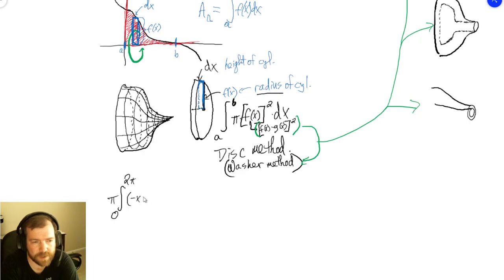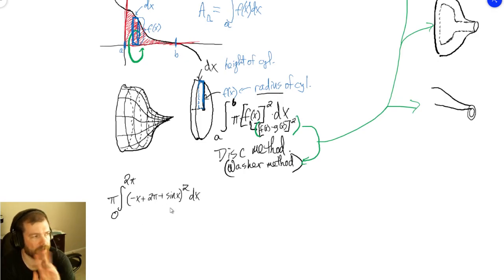So negative x plus 2 pi plus sine of x, squared, dx. Here, each of these individually are going to be squared. And then every possible combination of 2 being multiplied together are going to get multiplied together, and then we get a 2 for a coefficient out front.